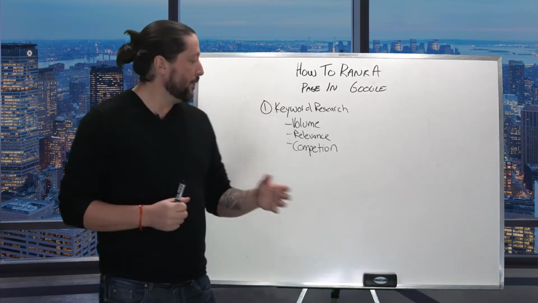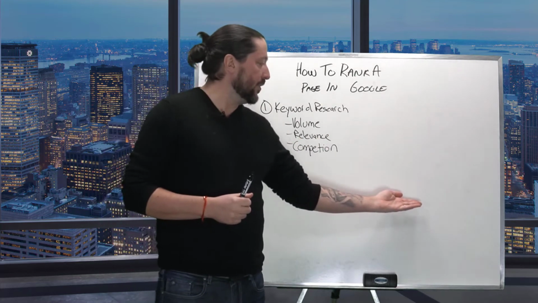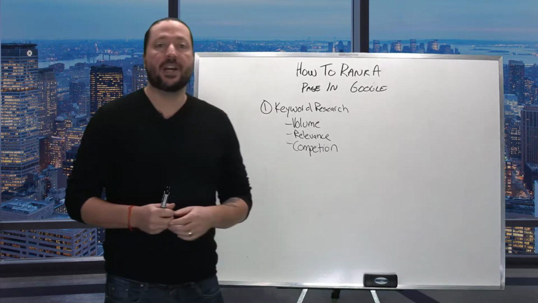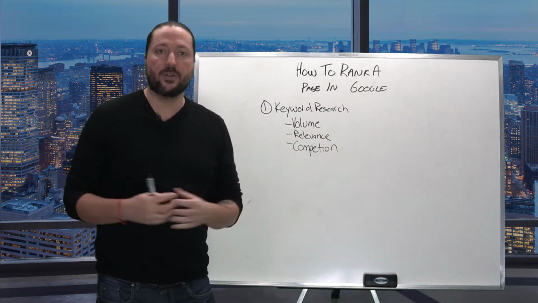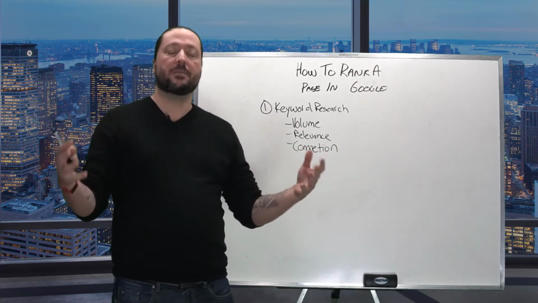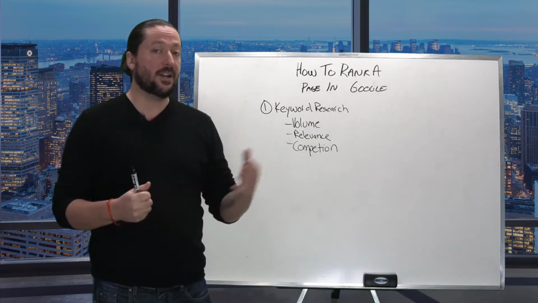And you'll see in Google, so I'll put an image up right here, that there's actually a number that says this is how many results we have found, and it's usually for a lot of keywords going to be in the millions and millions. So that's a number that I look at.